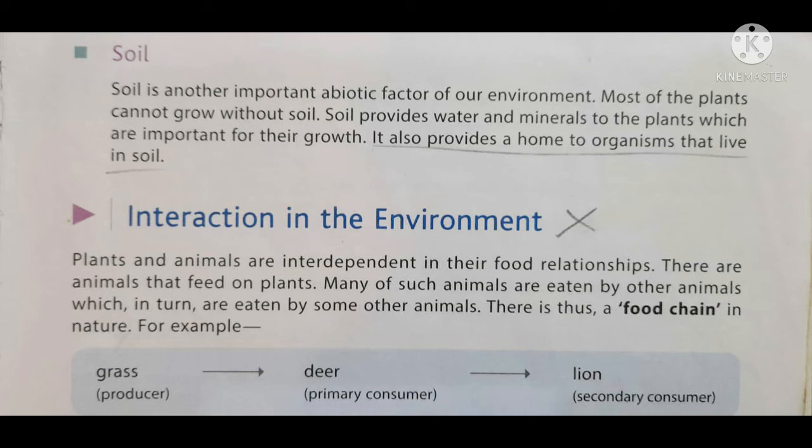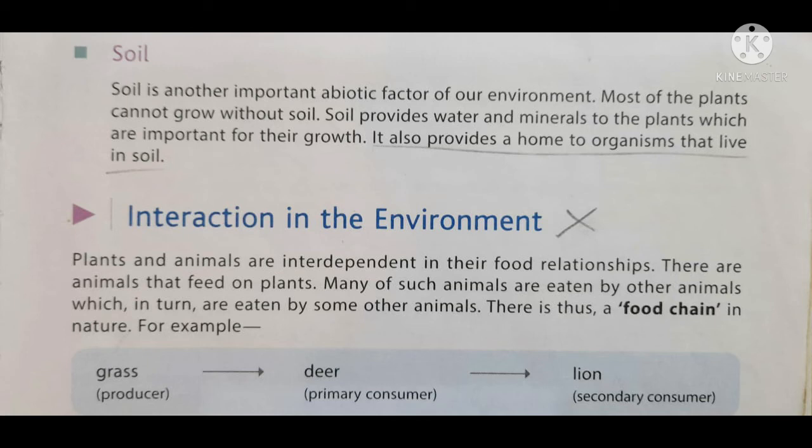There is thus a food chain in nature. For example, grass, producer, is eaten by deer, primary consumer, and they are eaten by lion, secondary consumer. So the food chain is that animals are eaten by other animals, which in turn are eaten by some other animals. You can see the example on your screen.